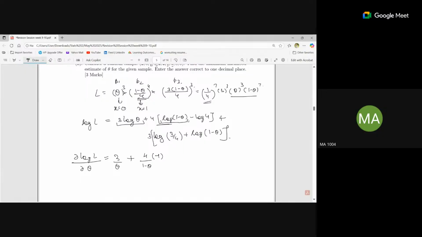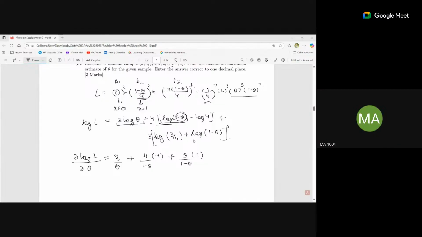First I differentiated this, then I differentiate the inside value. Now 4 into minus log 4 is a constant term, so it will be 0. Then 3 into log 3 by 4 is a constant term, theta is not there, so this will be 0. Now 3 into log 1 minus theta will be 3 divided by 1 minus theta into minus 1. Is this step clear?